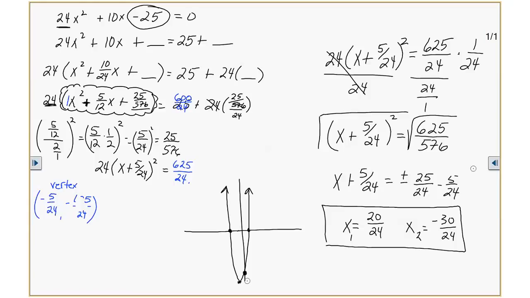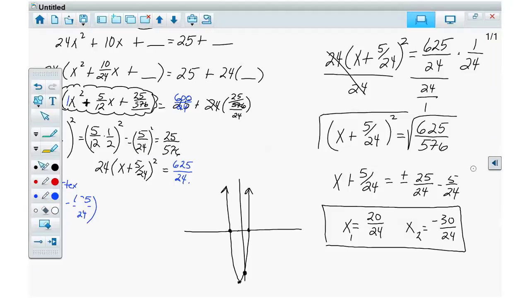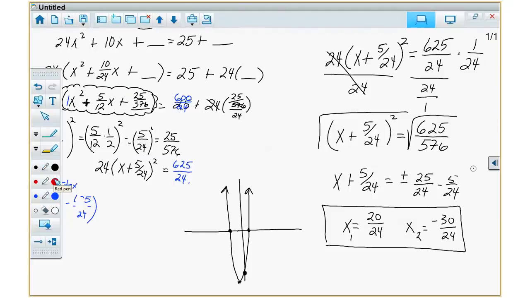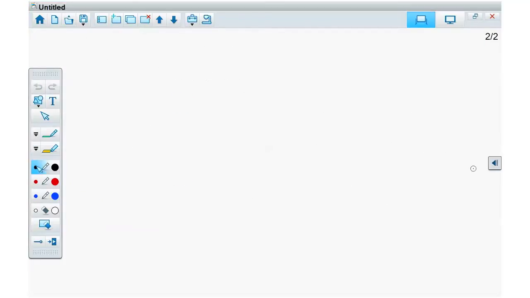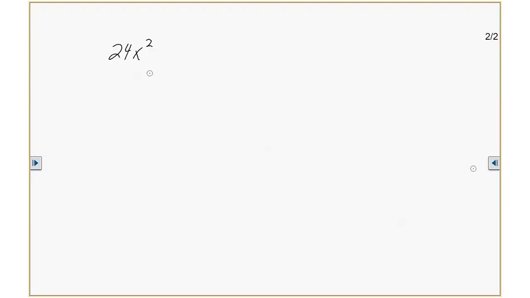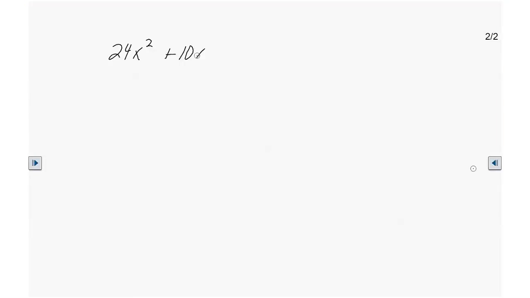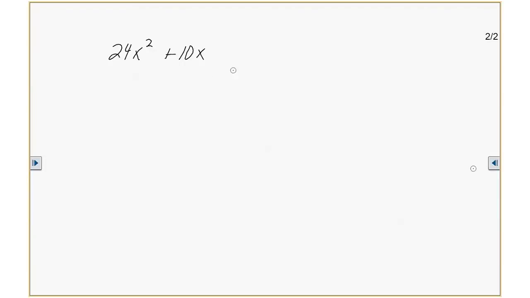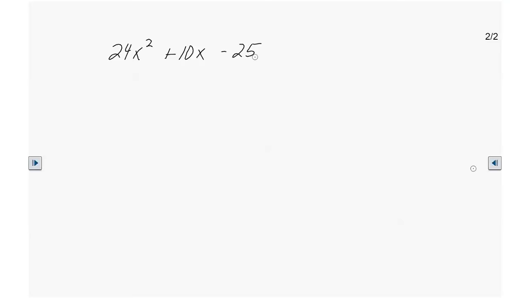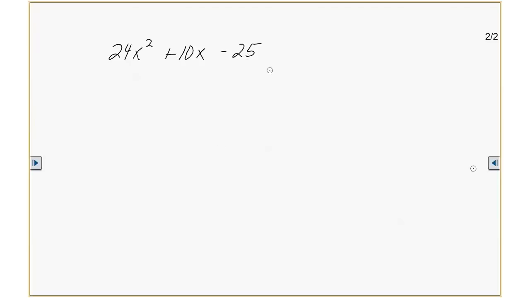Now, what about 24x squared plus 10x minus 25? Well, you can't factor out anything, so you could do the reverse FOIL.